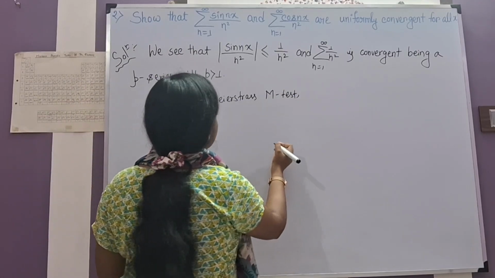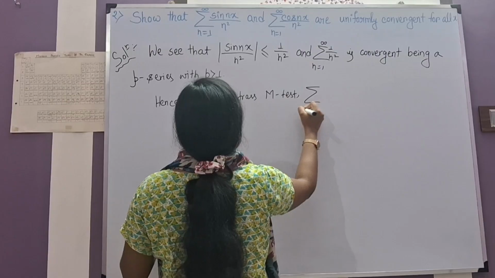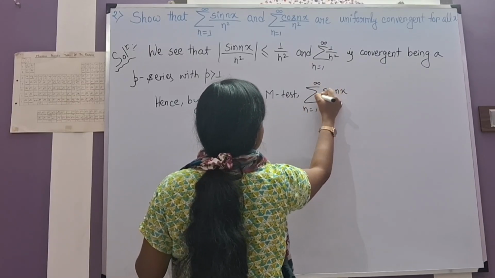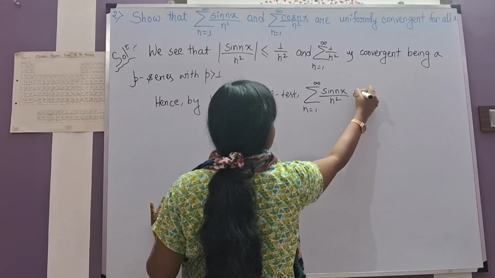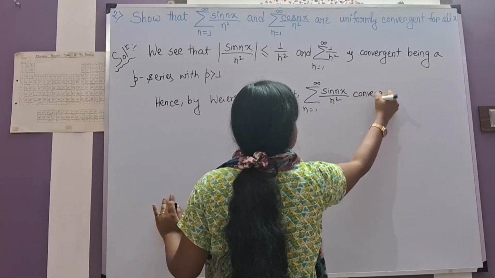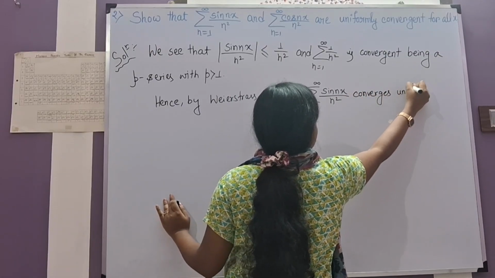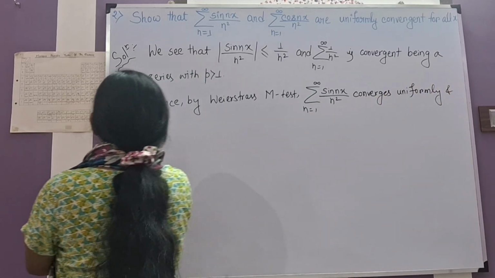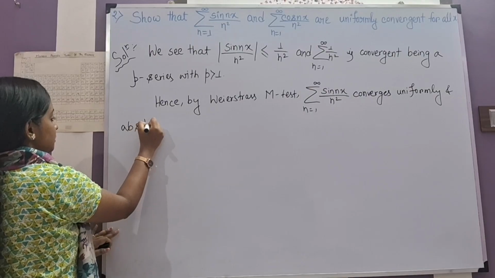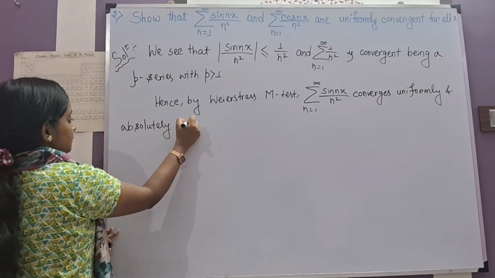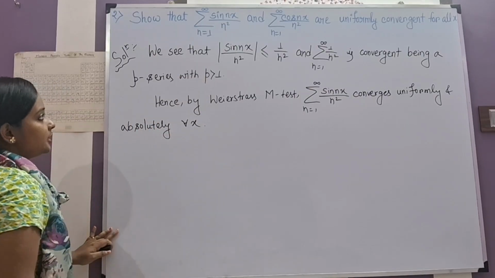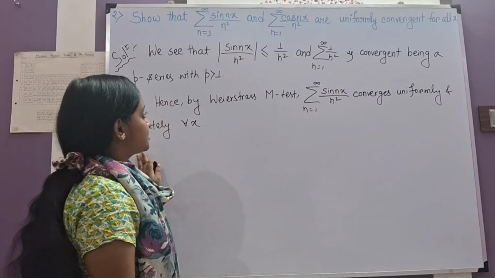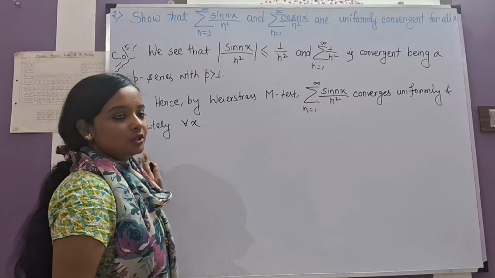We can write that summation n equal to 1 to infinity sin nx by n squared converges uniformly and also absolutely for all x. And in case of cos nx by n squared, the process is same. So that is your homework.